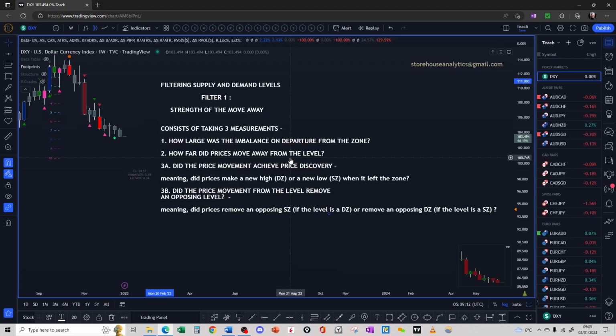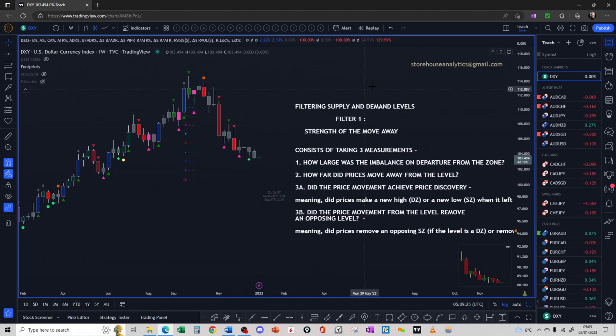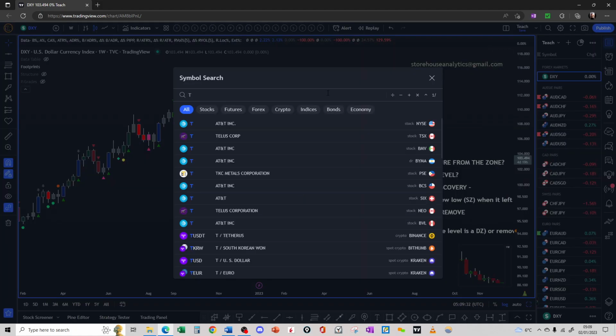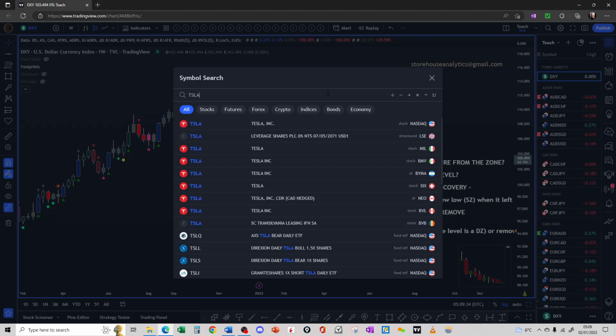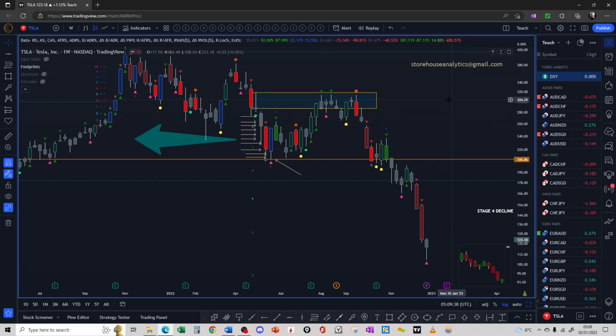Let's go to the last one. Did the price movement achieve price discovery? Meaning, if you're a demand zone, for example, did prices make it to new highs? If you're a supply zone, did prices make it to new lows? Going back to our Tesla example, and I'll show you a few other examples on the currencies and things in a second, in the last few minutes.